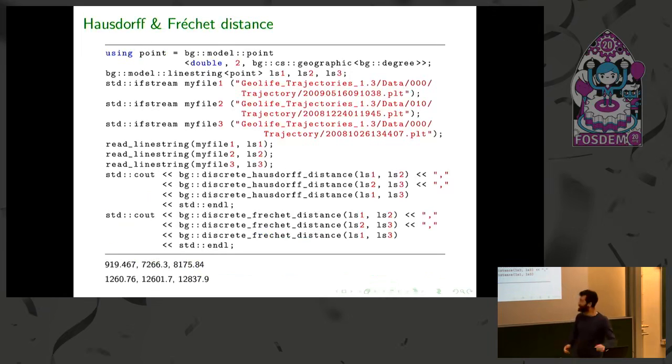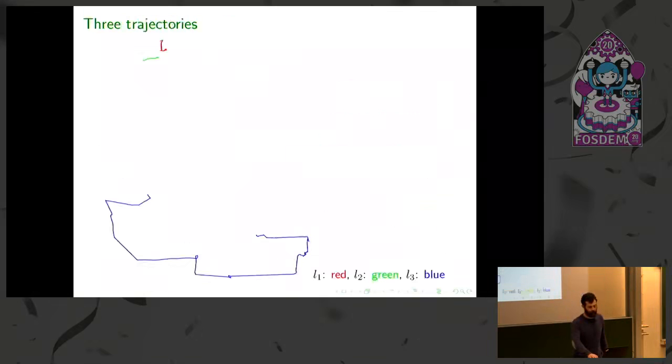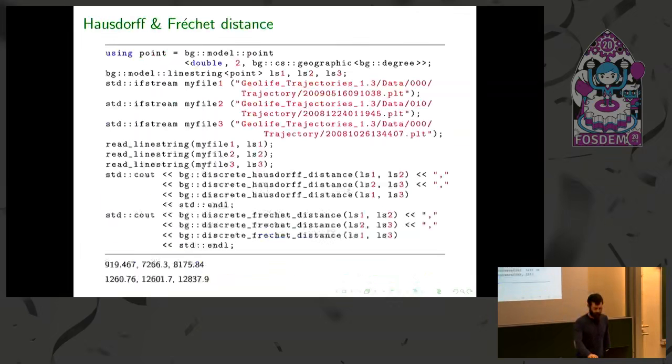The smaller the distance, the more similar the trajectories. So it tells me that the first two are more similar, and the green is more similar to the blue than the red is to the blue. Those two small ones are more similar, and the green, maybe because of the shape, is more similar to the blue than the red. This is the information that I'm getting.